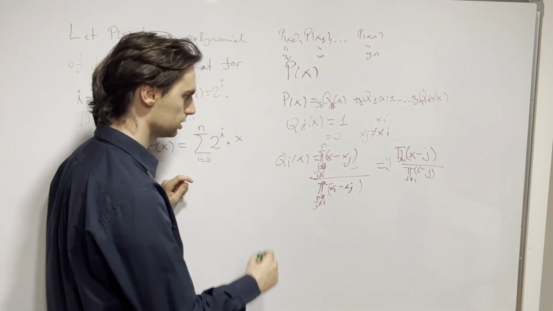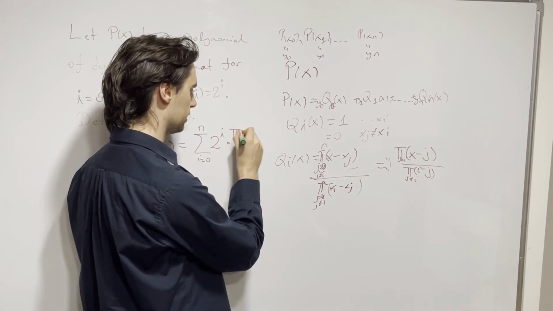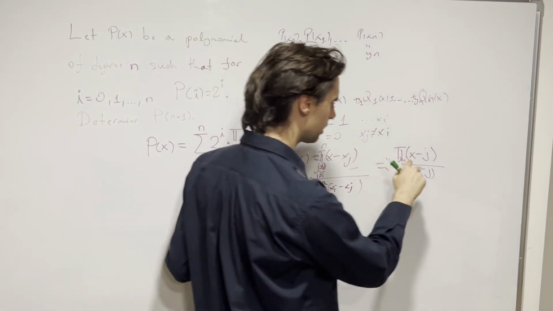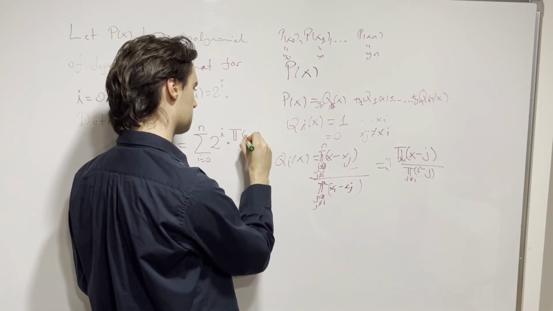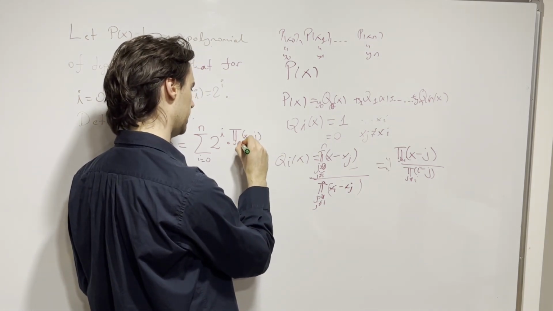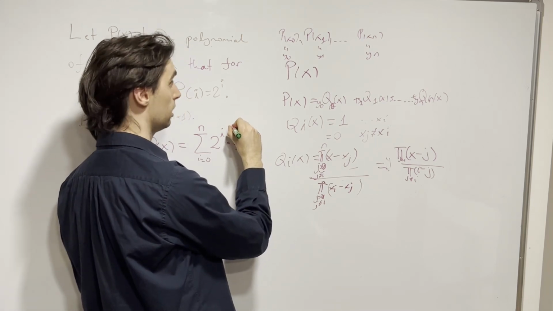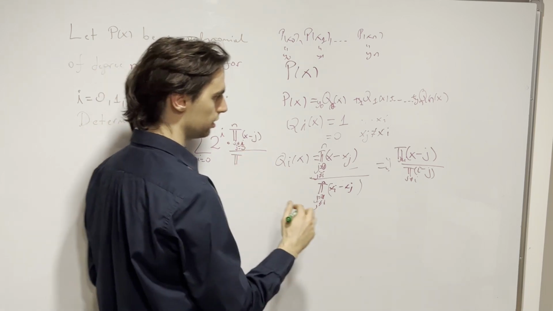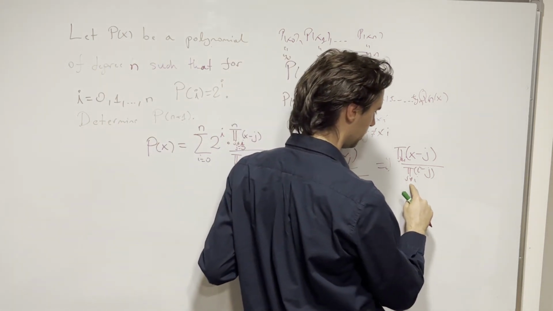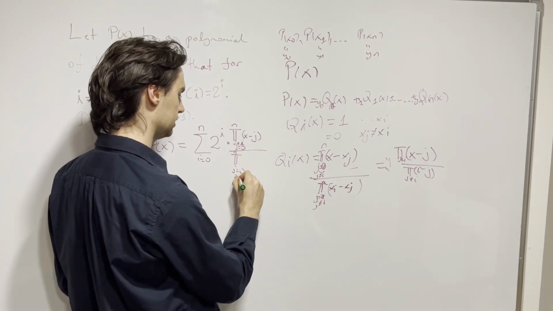So now we have this is going to be equal to the product of x minus j, j not equal to i, j goes from 0 to n, over the product from j equals 0 to n, and j isn't equal to i.